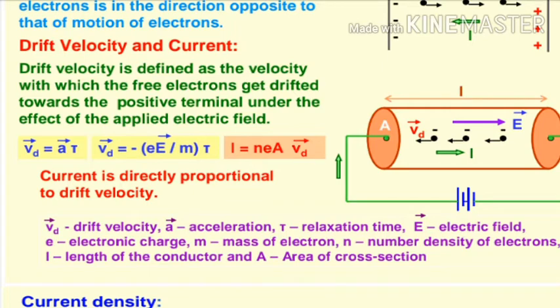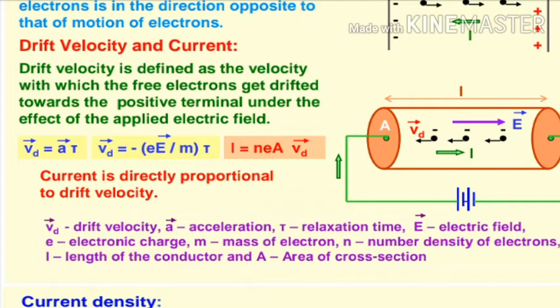Vector Vd can be expressed as vector a multiplied by t. Vd equals, if we put the value of acceleration acting on any electron moving inside the conductor in the presence of electric field, whose mass is m, it is e upon m, the magnitude of the charge multiplied by the field divided by m.